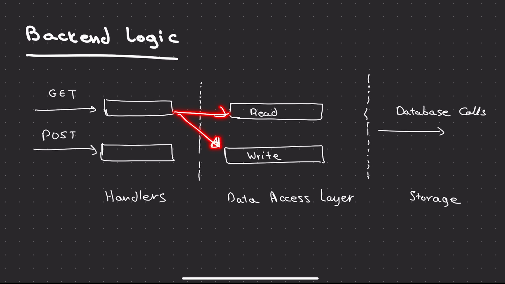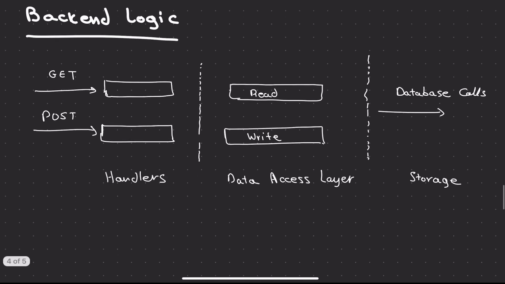It's gonna be maybe a read or a write, which actually is going to directly call the database to ingest or retrieve data. And yeah, this is it actually for the backend. It's pretty simple because we've got a very small and simple application here.